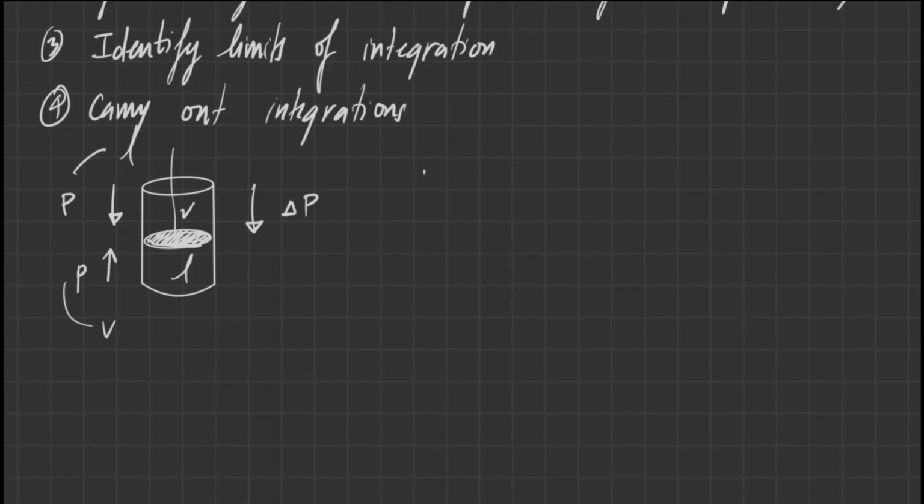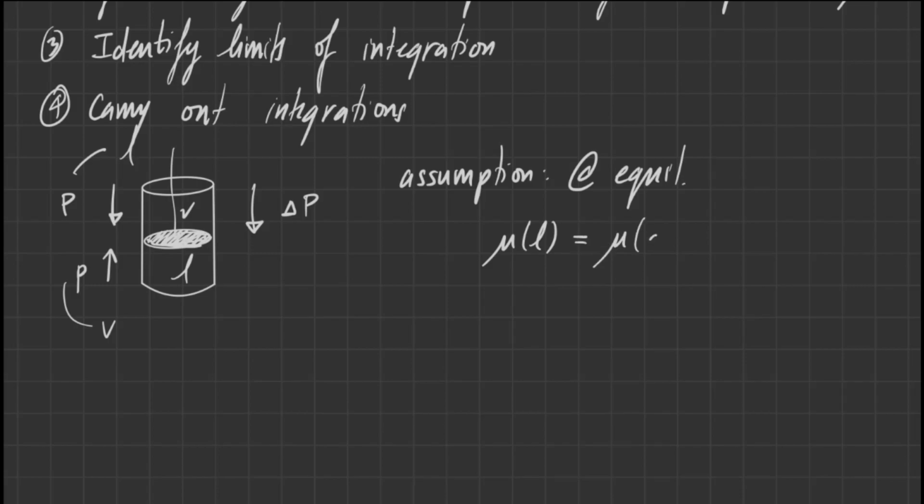So our first assumption, as stated earlier, is that we are at equilibrium. What this means is that it's just as favorable for the molecule to be in the gas phase as it is to be in the liquid phase. What this means is that the chemical potential of the liquid phase is equal to the chemical potential of the gas phase.